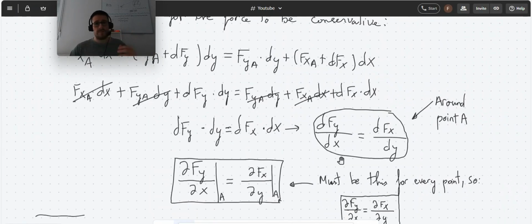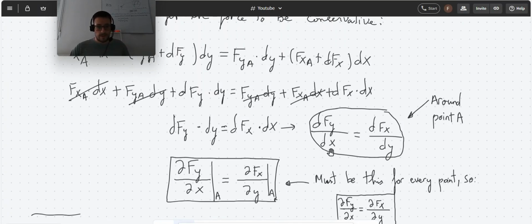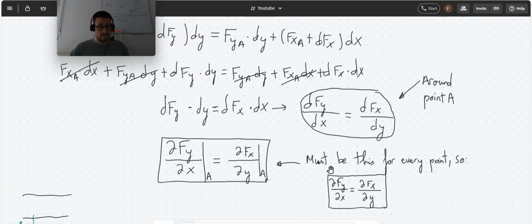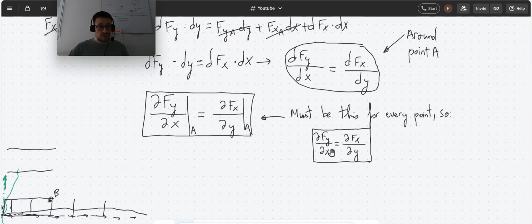However, how can we ensure that the force is fully conservative? In order to ensure that, we need that condition to be met not only at point A, but at every point, at all of the infinite points that we have in the space. If that condition is met for every point, that means that the force field is conservative.